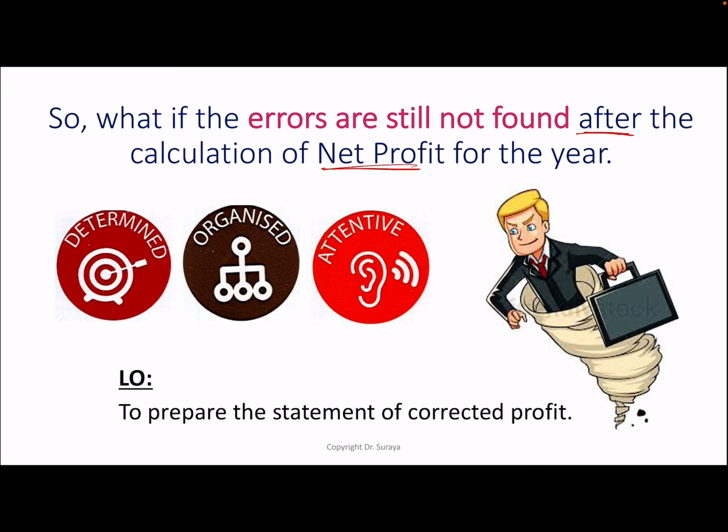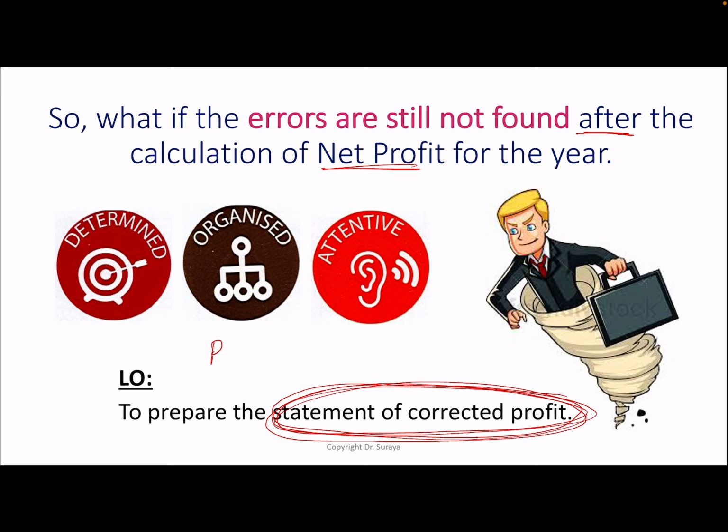Now, in this lesson objective, we are going to learn how to do the statement of corrected profit. So, statement of corrected profit is going to apply your same knowledge. Purchases, expenses, asset, revenue, liability, and sales.